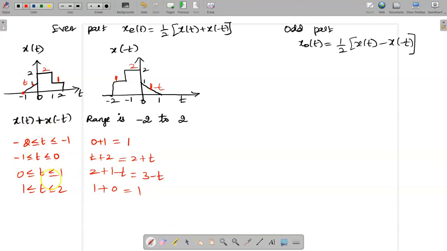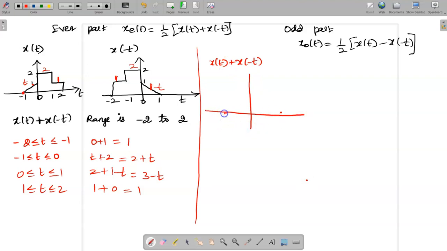So for this, we need to draw the diagram now. x of t plus x of minus t. Let us draw the diagram. The range is minus 2 to plus 2. Minus 2 to minus 1, what is the value?